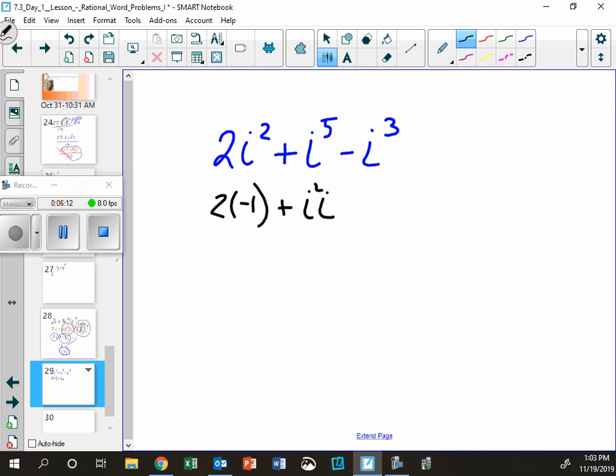Why did I break it up into i squareds? Because I know what i squareds are. They're negative 1s. And then negative i squared i. Now, every time you have an i squared, if I were you, until I was really good at this, I would write a negative 1 in parentheses.